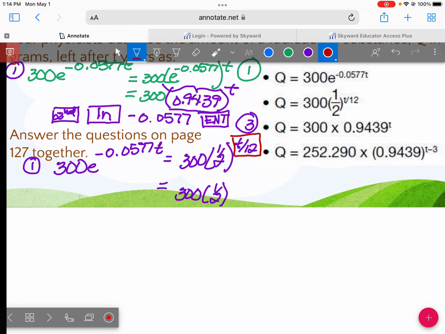12? 12 times what? Gives me t over 12. I don't think we're looking for 12. I just want to know, how could I rewrite this? So if I said, I don't know, w divided by 3, how could I rewrite that times w?